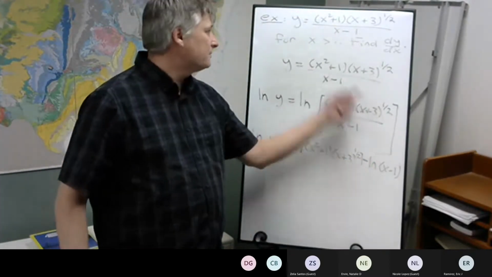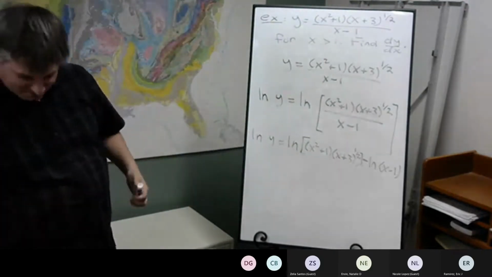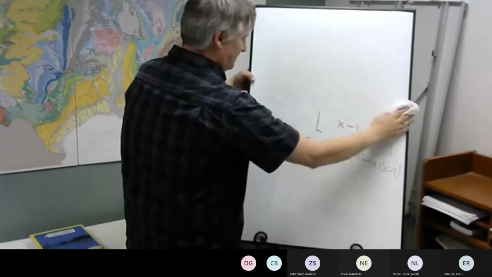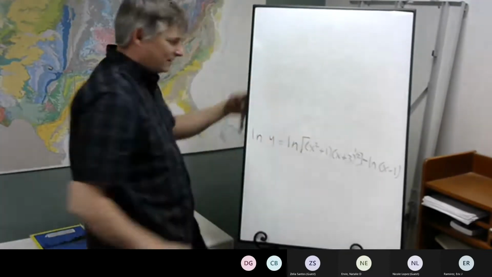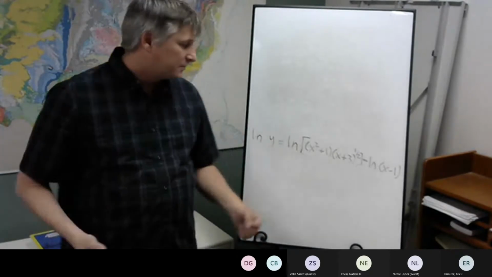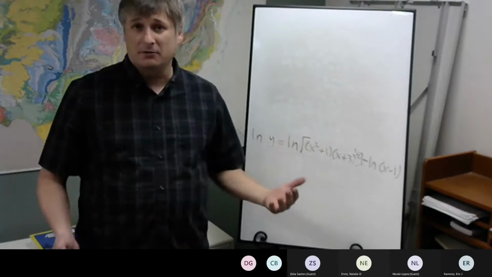It's only going to be positive if x is bigger than 1. So logarithm of a quotient, difference of the logarithms. Now logarithm of a product, sum of the logarithms.